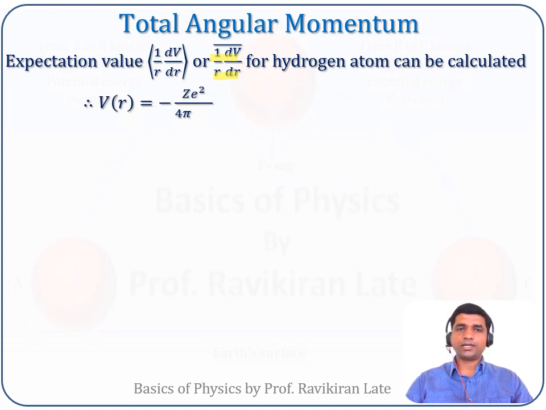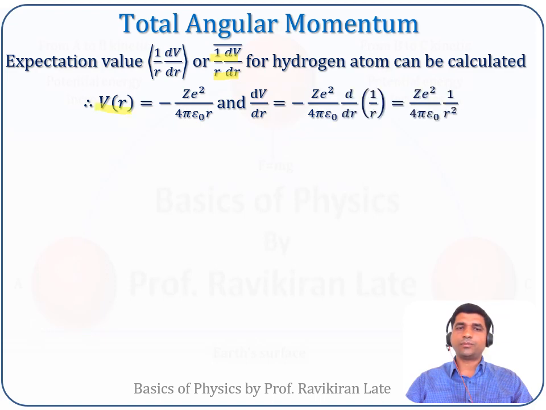This can be calculated for a hydrogen atom by considering the potential. For a hydrogen atom, the potential is Ze square upon 4 pi epsilon 0 r. If I take the derivative of this, Ze square upon 4 pi epsilon 0 will be constant, and the derivative of 1 upon r will be minus 1 upon r square. This minus and the derivative minus will become plus.